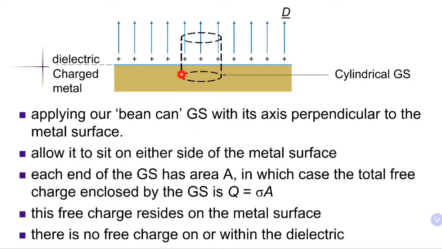Okay, so we draw your Gauss surface here, and this can sit perpendicular to the surface. So allow it to sit on either side of the surface. So this can is sitting right, the interface is right at the center of this can. So we have one side in the dielectric, the other side inside the metal.